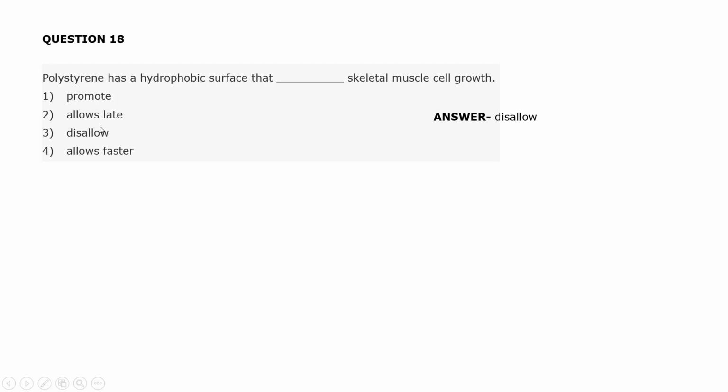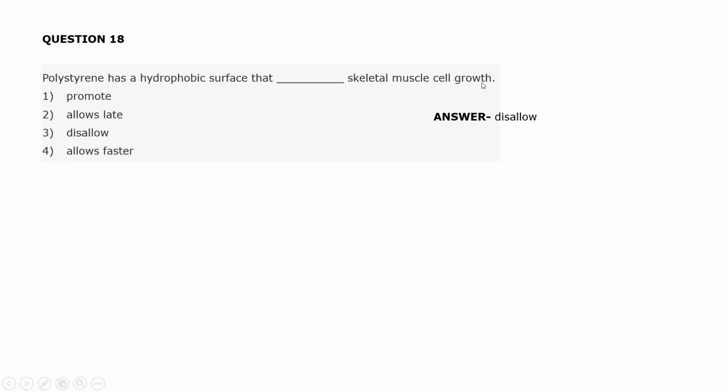So it needs a hydrophilic surface for this attachment to take place. If you are providing a hydrophobic surface, there is no cell attachment. Even though you are providing it, it won't bind to that and it does not grow. So polystyrene has a hydrophobic surface that disallows skeletal muscle growth.